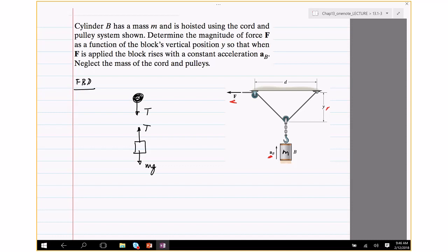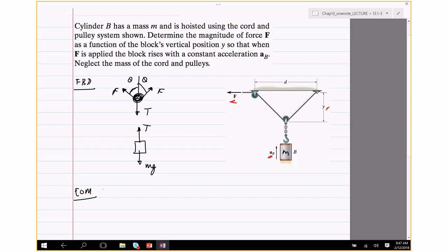Since the pulley is massless, I can assume that the force acting on the left is the same as the force acting on the right. This F being the same is a consequence of the pulley being massless and the string being unstretchable, inextensible. So let's call this angle theta, which needs to be found, and try to write an expression for F and T.